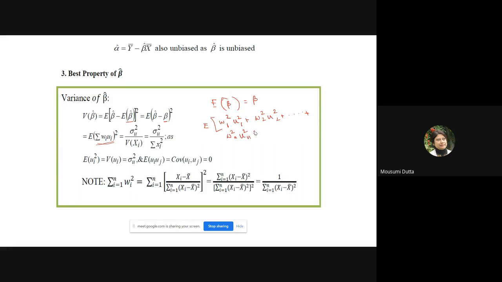That means w1 u1 plus w2 u2 up to plus wn un, whole square of that. So you will get the square values and you will get the cross products.